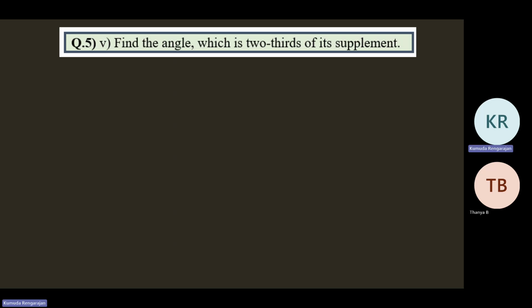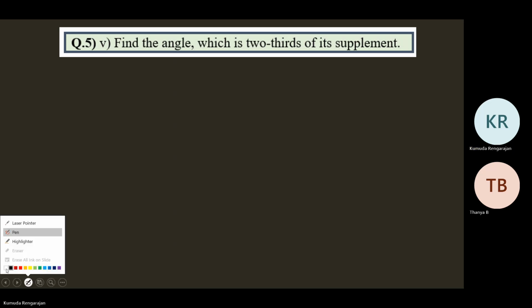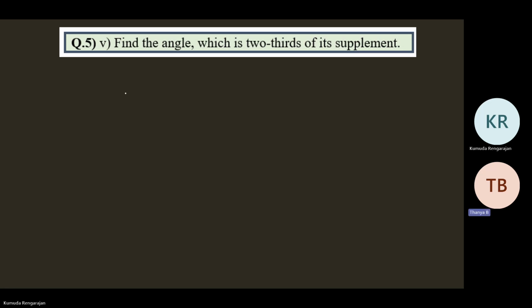Yeah, equation. Let one angle be x and one angle be 180 minus x. So that's the assumption, correct? Equation. Yes. X is equal to 2/3 into 180 minus x.